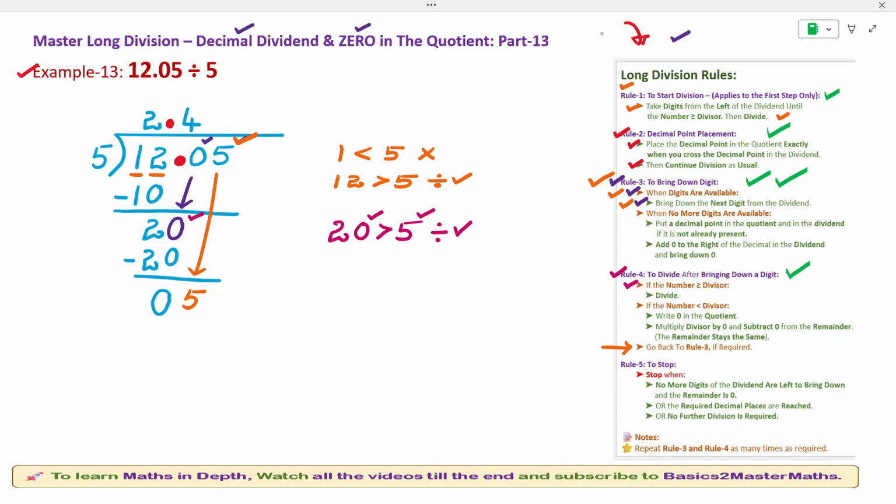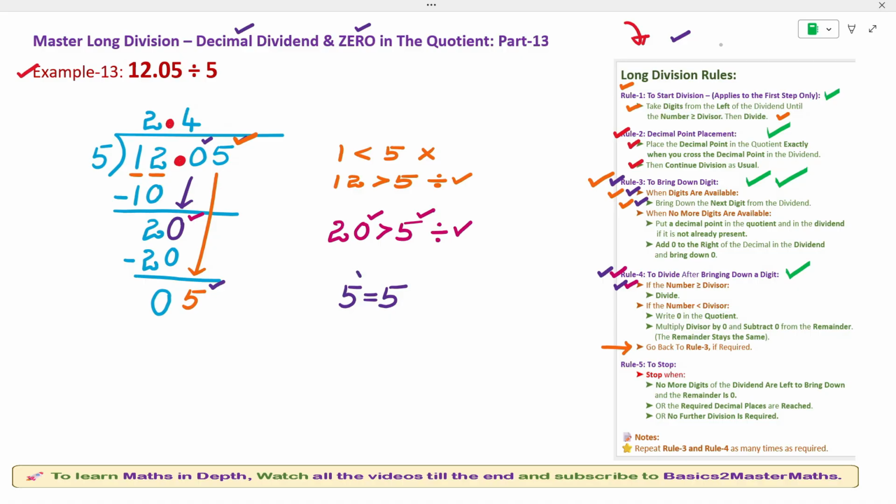Before going to rule 4, check whether the number is greater than or equal to the divisor. In this case, the number is 5, which is equal to the divisor 5. Let us apply rule 4 again.